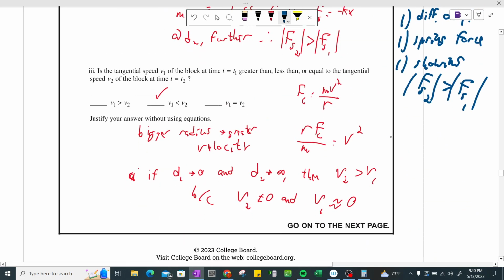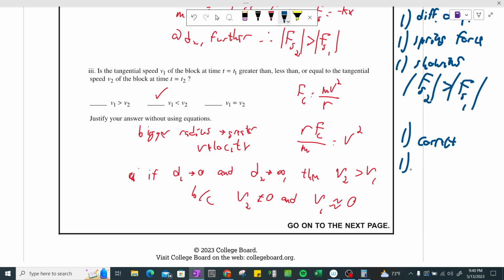Is it greater than, less than, or equal? So we got probably 1 for the correct choice. And this is kind of in line with the 2018 FRQ about the block falling on it. They usually have 1 point just for picking the right choice.